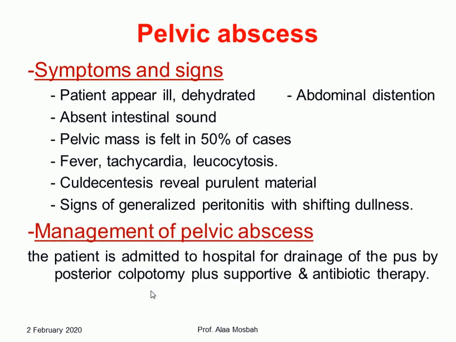Management of pelvic abscess, of course, needs drainage through posterior colpotomy to drain the abscess, after hospitalization, of course, and under anesthesia, and under umbrella of broad-spectrum antibiotics covering the polymicrobial infection.